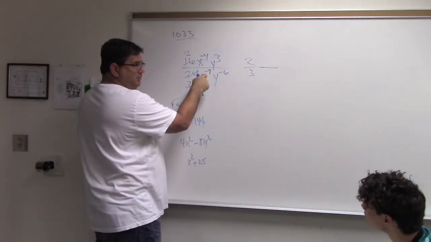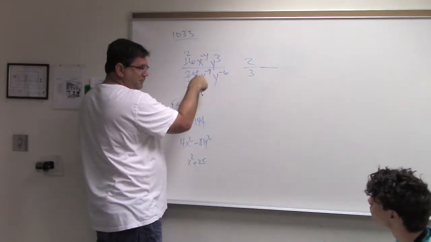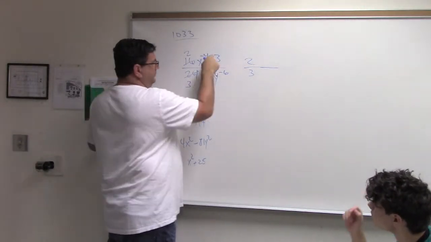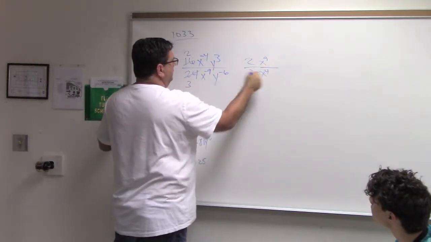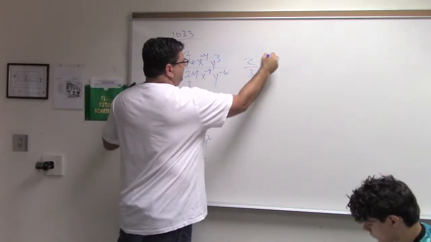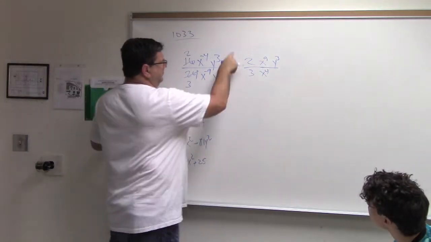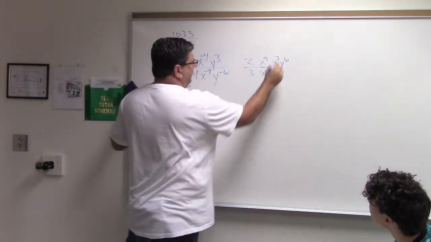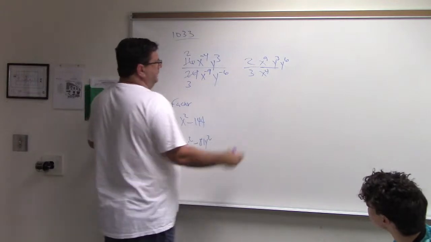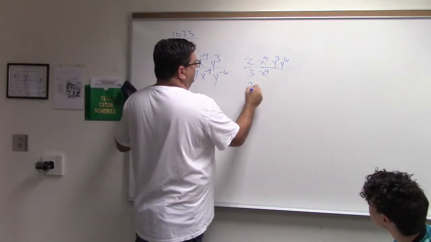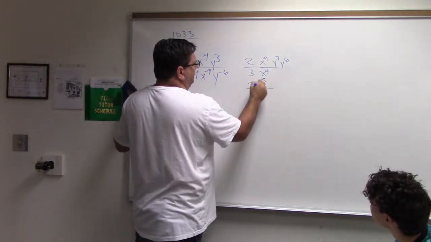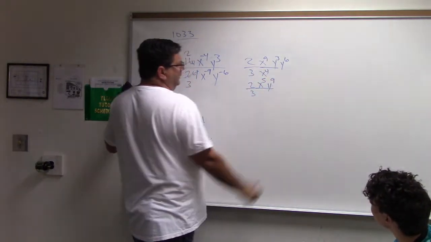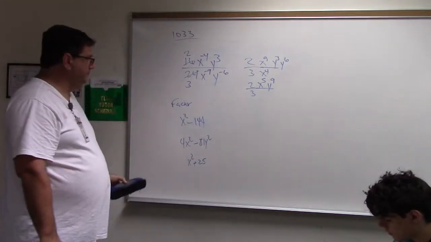Now, negative exponents go from bottom to top or top to bottom. So x to the 9th goes up, x to the 4th comes down. Y to the 3rd is positive, so it stays there. The negative 6 goes up, becomes positive 6. And so this becomes 2/3. X to the 4th, x to the 9th is x to the 5th, and y to the 9th. Great job.